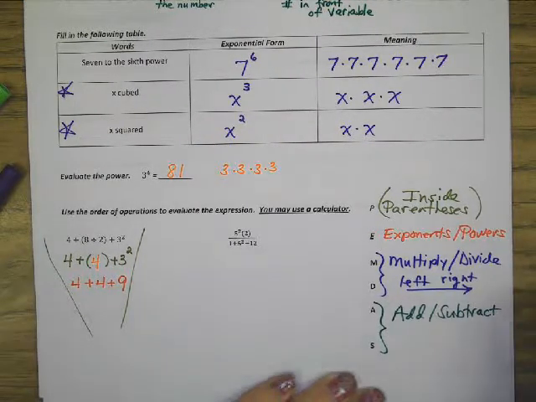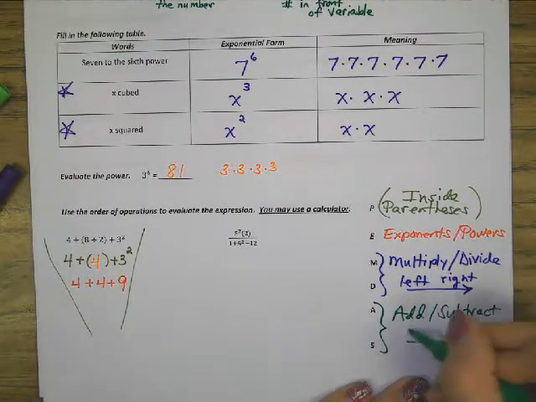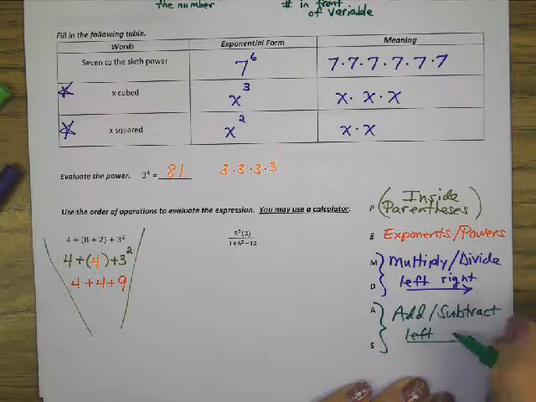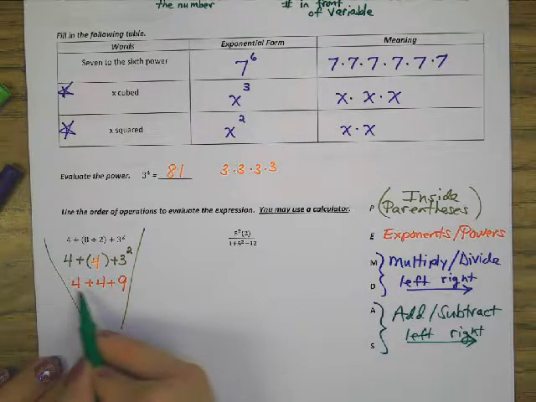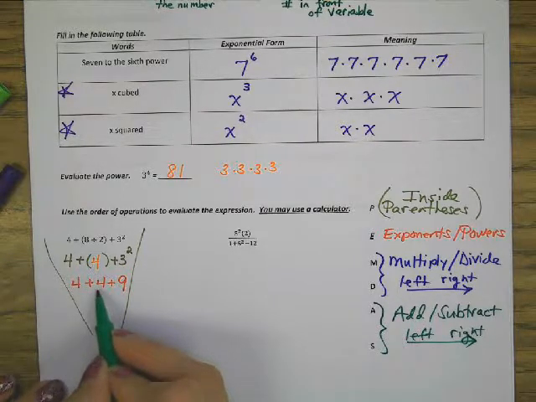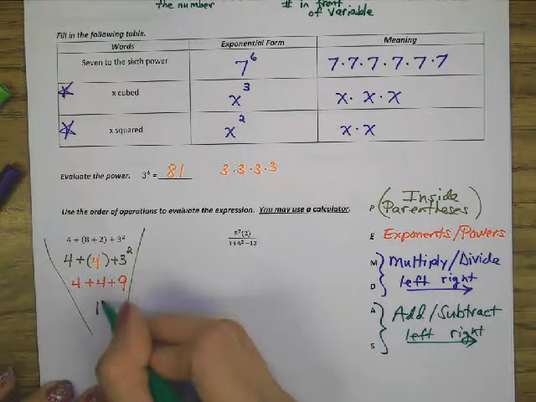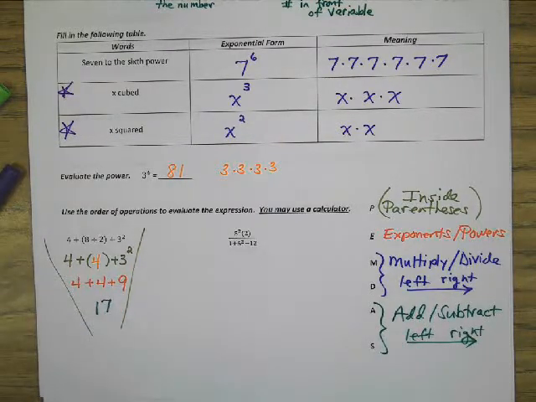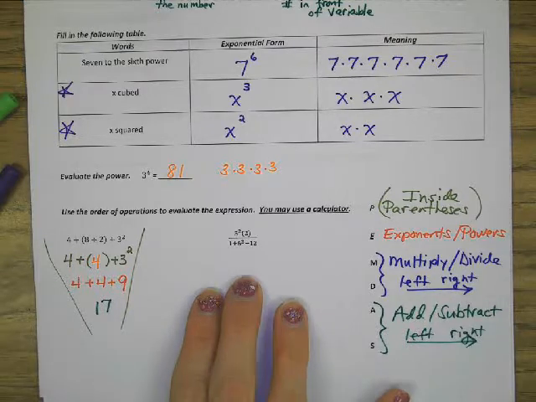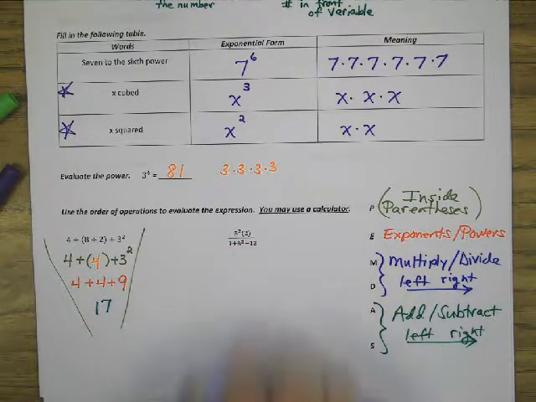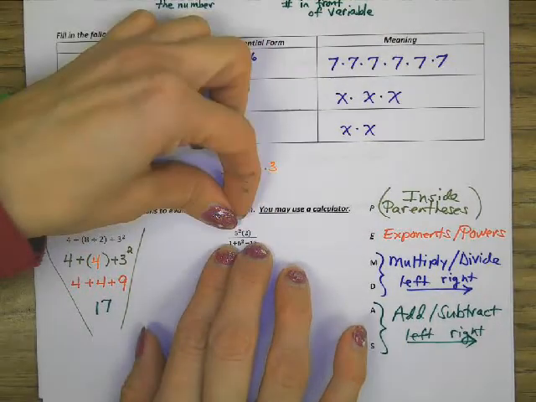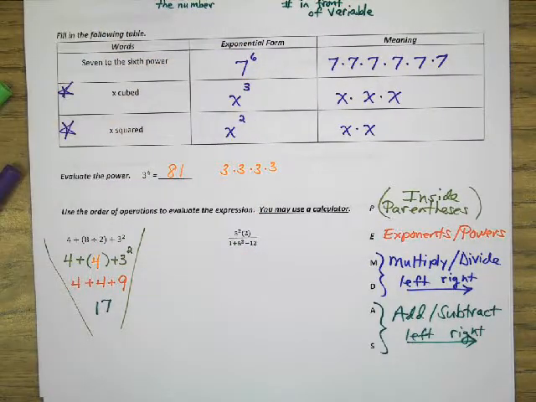So how do you know which one goes first? Again, very important, left to the right. So we have to work in order. 4 plus 4 is 8. 8 plus 9 is 17. Okay? If you happen to have a problem where there's a fraction, you have to simplify the top and you have to simplify the bottom.